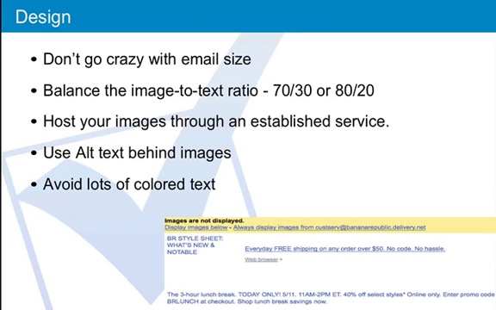Use alt text behind your images. That's what the screenshot at the bottom is. As you probably know, most email programs block images until the recipient clicks a link or something to display them. Basically, alt text gives additional information about what's going on in the email if the image is being blocked.